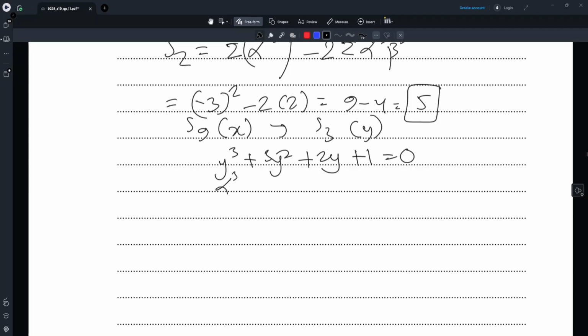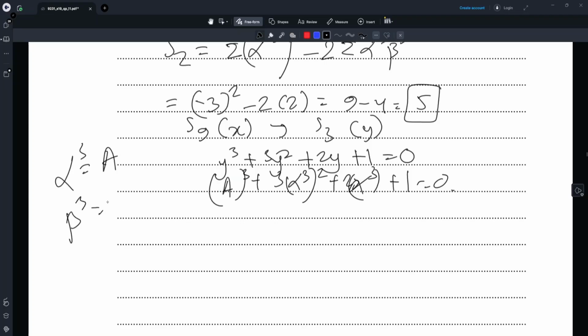So we have alpha cube whole cube 3 alpha cube whole square 2 alpha cube plus 1 equal to 0. Basically, this is root A. I'll just call alpha cube as A, beta cube as B, gamma cube as C, just for reference. This is A.